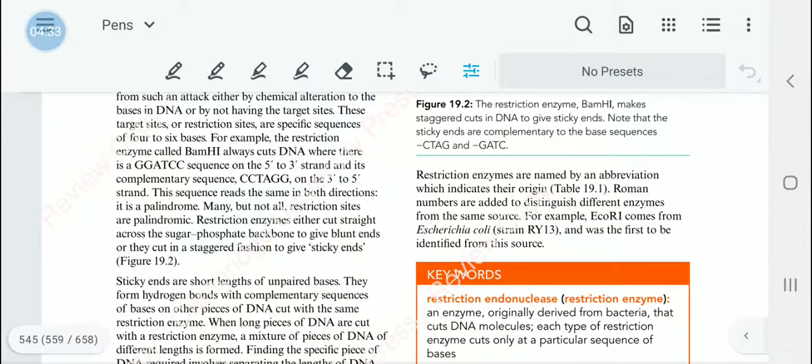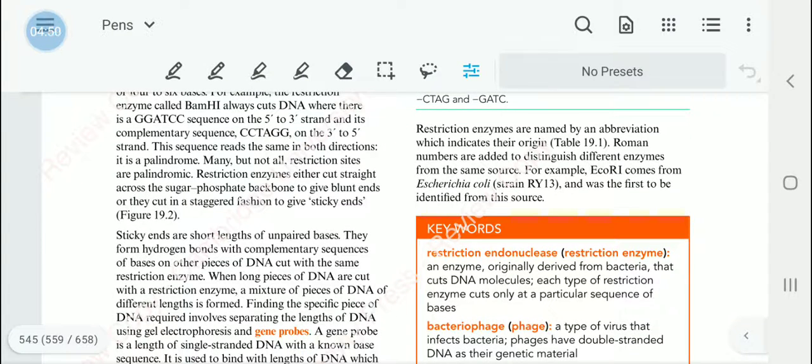Restriction enzymes are named using abbreviations that indicate their origin. Then there are Roman numerals at the end to distinguish different enzymes from the same source. For example, EcoRI comes from Escherichia coli strain RY13 and was the first to be identified from this source.